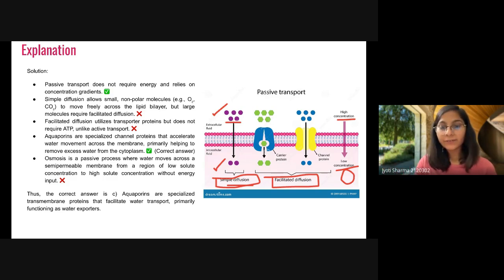And the other is active transport, where some energy will be required, right? Under facilitated diffusion, we have this aquaporin. That aquaporin will facilitate this passive transport. So that's why statement C, that aquaporins are specialized transmembrane proteins that facilitate water transport, primarily functioning as water exporters, is the correct option.